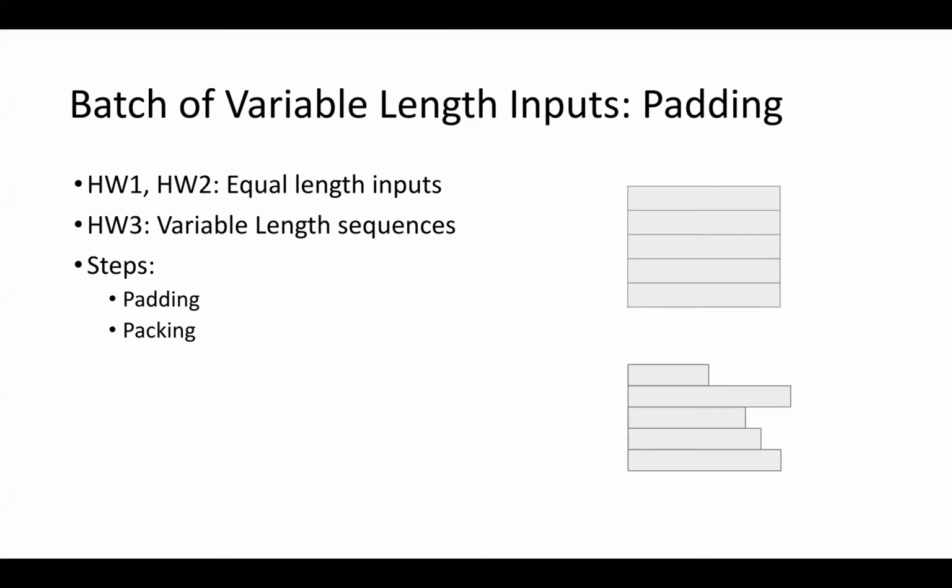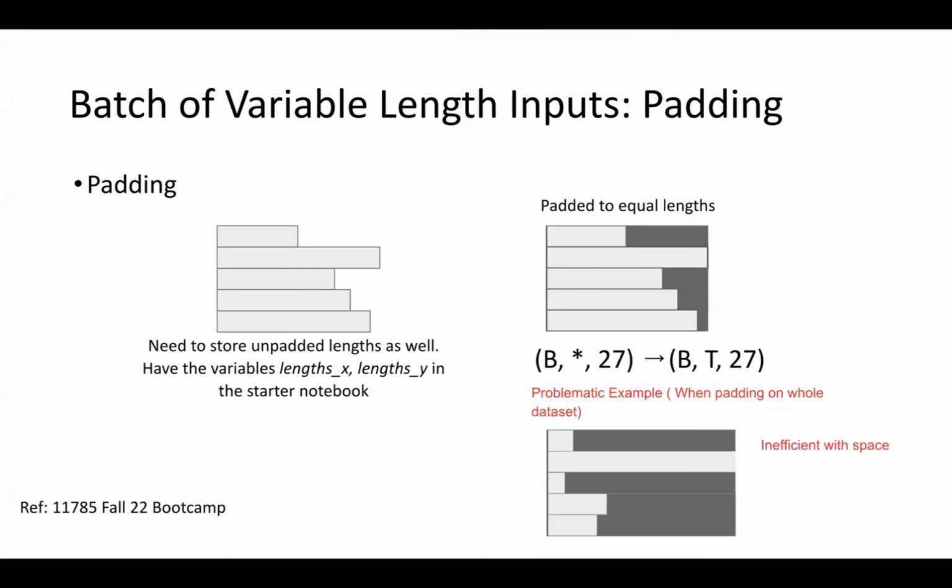In order to handle this, we'll have to do padding and packing. So let's see what this is. Padding basically means that you need to pad all the sequences with zeros just to match the lengths of all of them together. So say you have any feature with X length, you just want all of these elements to be the same length in the end.